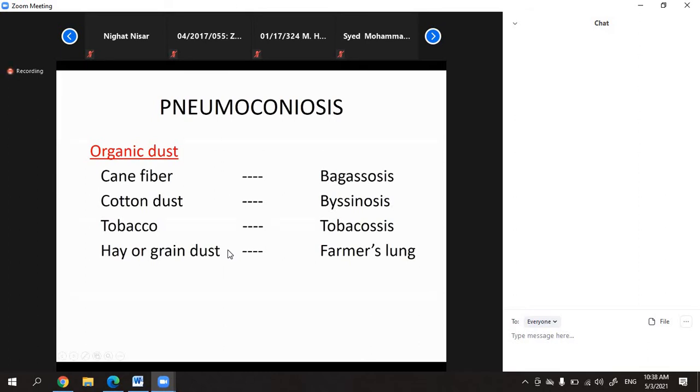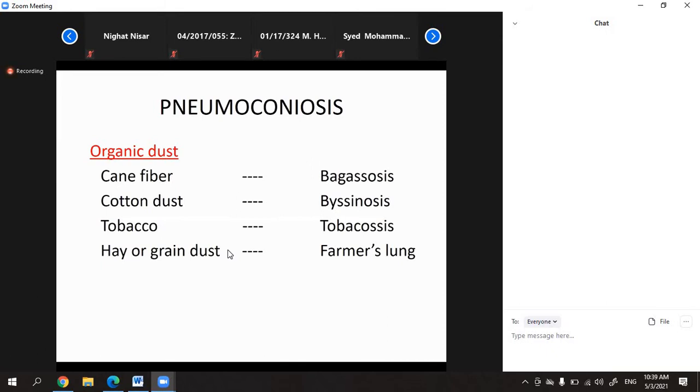So now it is clear that pneumoconiosis is a lung disease. It is an occupational disorder. There are various types of pneumoconiosis, classified on the basis of organic and inorganic dust. Inorganic dust causes anthracosis, silicosis, asbestosis.